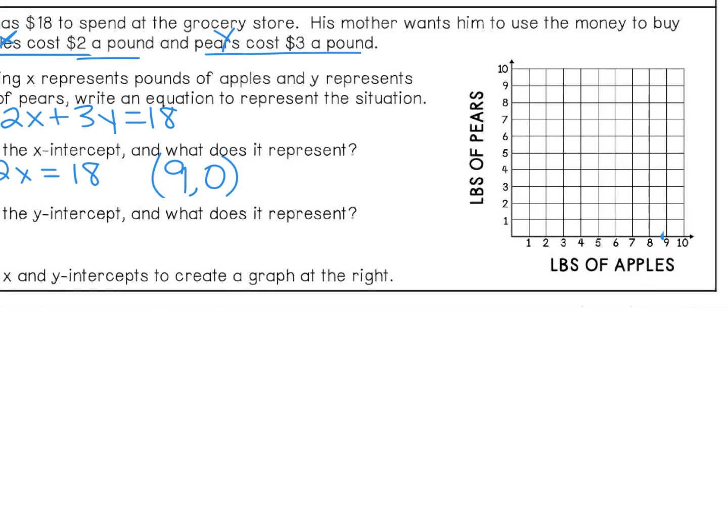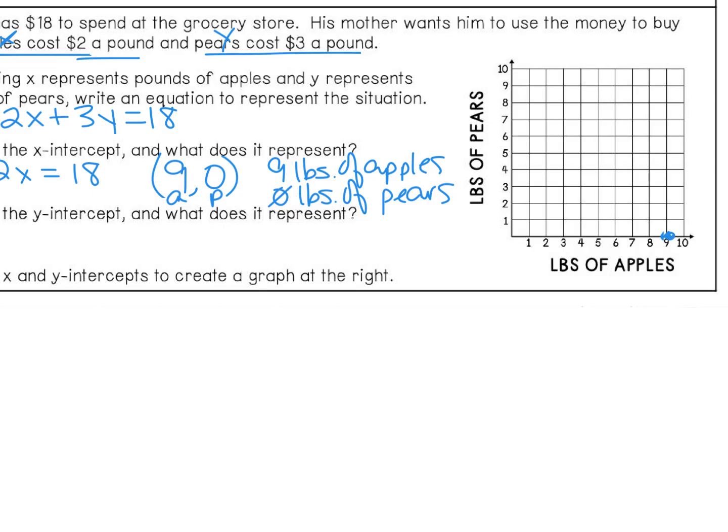Remember how we talked about labels previously? So this is 9 apples and 0 pears. So 9 pounds of apples. That's a lot of apples. 0 pounds of pears. That's what that is saying. So for all $18, he only bought apples.